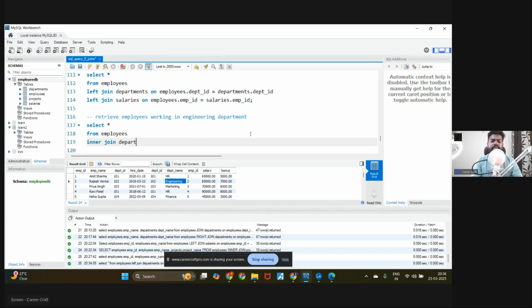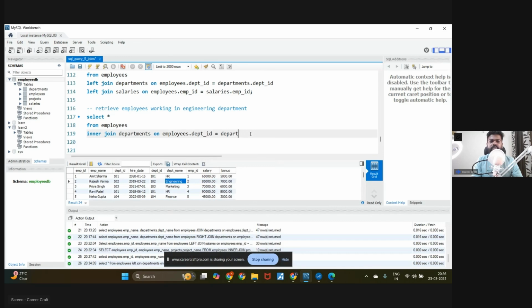I will put departments on employees dot department id is equal to departments dot department id.